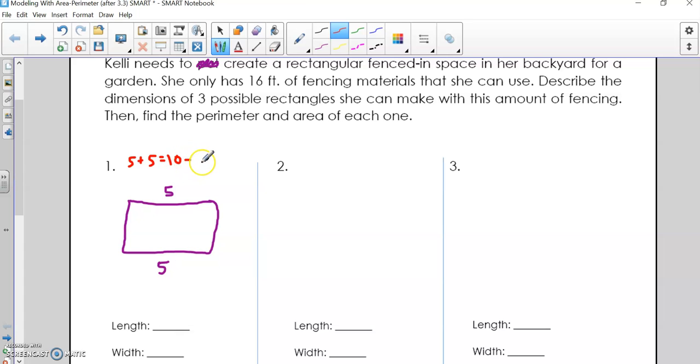So now that we know that, we can then distribute the remaining 6 between these 2 sides. Now because the 2 sides of a rectangle have to be equal, and we have 6 left, we can go ahead and divide that by 2, and that's going to give us 3. So we can make these 2 sides 3, and if you added all these up, we would get a total perimeter of 16.